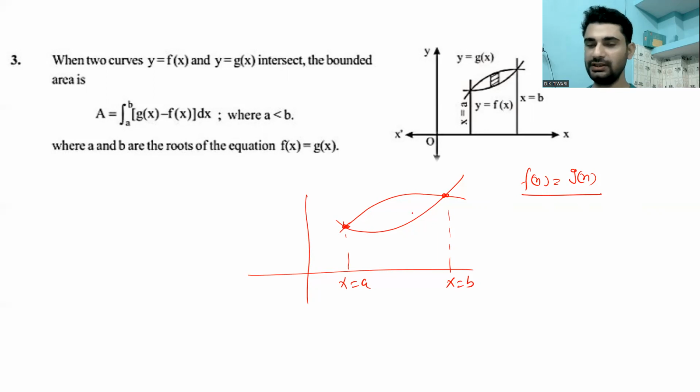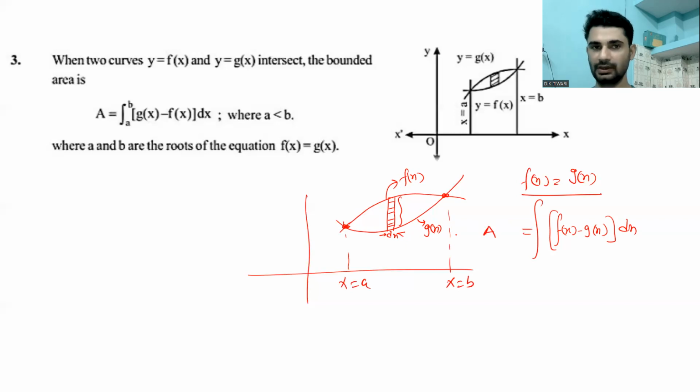So in this case, again the same concept I'm going to use. Take a very small width strip, called dx. Now, what is this value? Say this function is f(x) and this function is g(x). So again, f(x) minus g(x) is your length and then dx in order to find out the complete area.